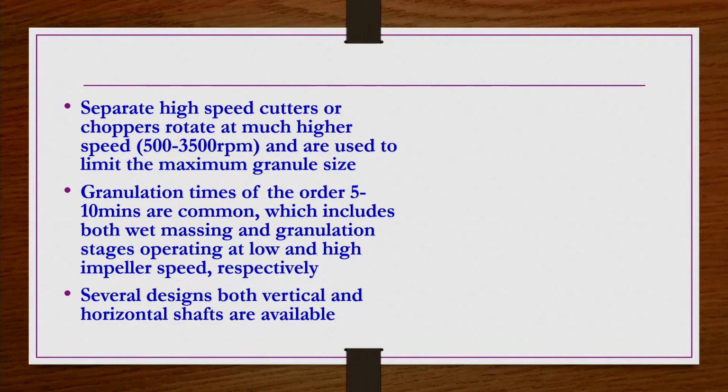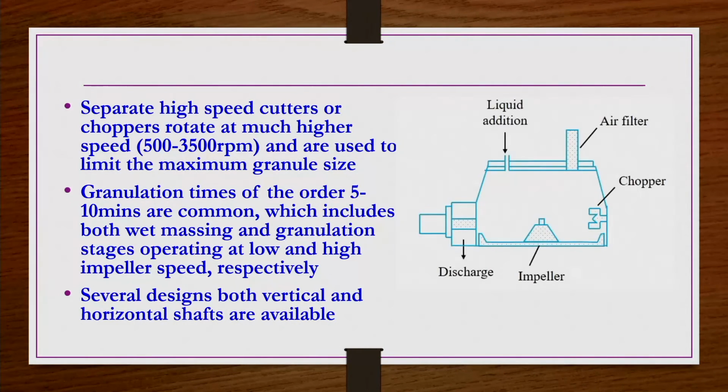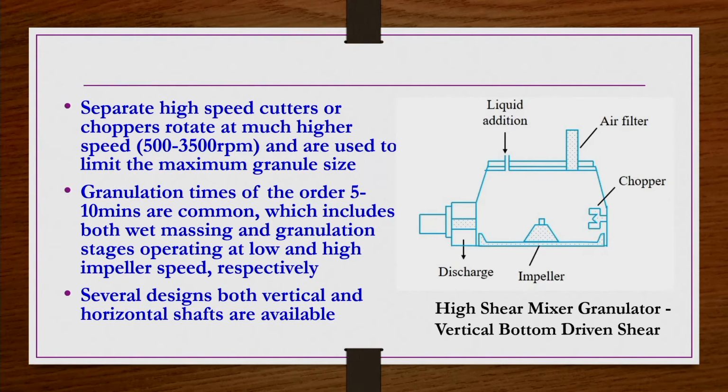In the previous figure we have seen a horizontal high shear mixer. Now we take a vertical, bottom driven, high shear mixer granulator. Here we have a container to which the liquid is being added, and then there is an air filter.